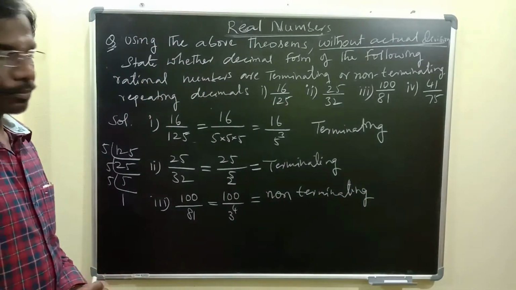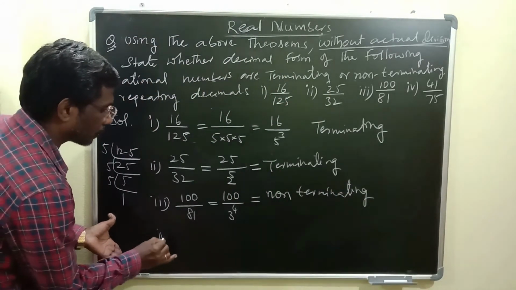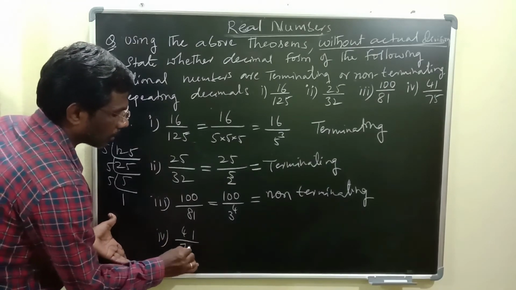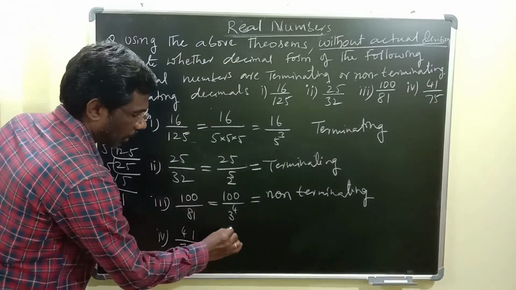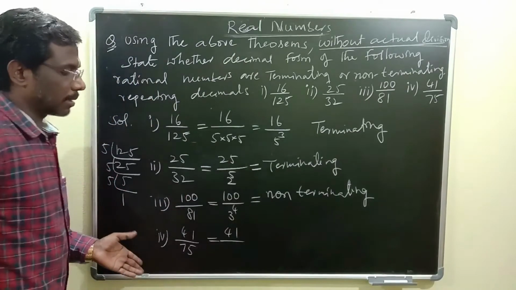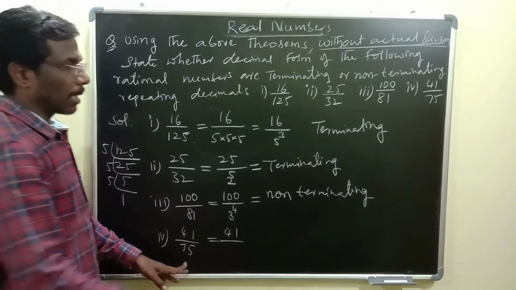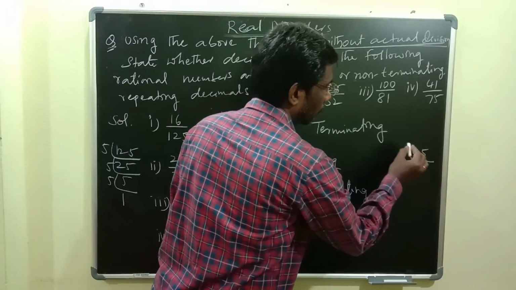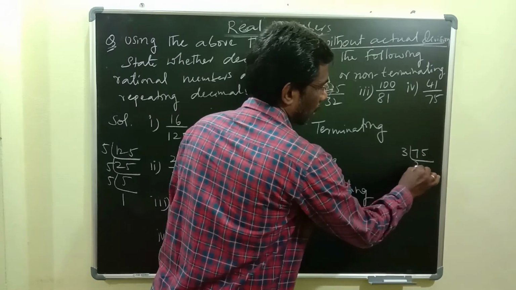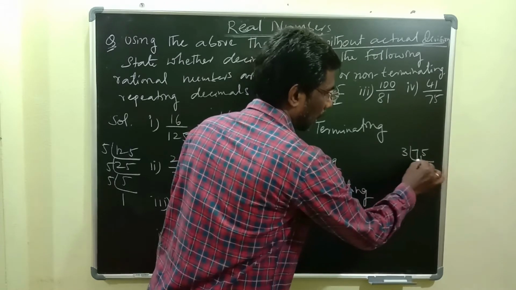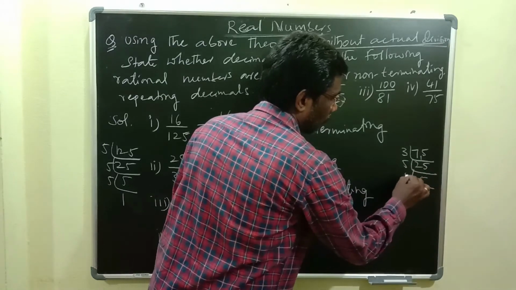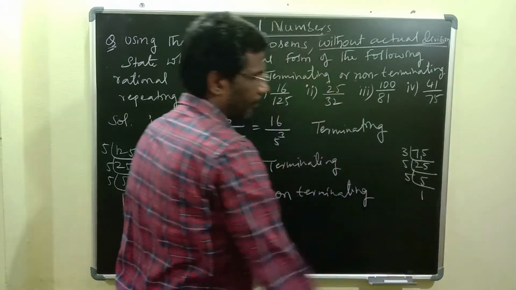The fourth one is 41 by 75. Write the numerator 41 as it is. The 75 can write as 3 into 25: 3 5s are 15, 5 5s are 25, again 5 1s are 5.